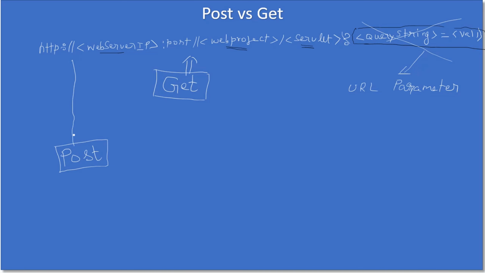The data will be submitted through post, and the data will be available as part of something called the request body. So you will not see your data as part of the URL parameters; it goes as a request body. Then the servlet here, whether it is post or get, can get this form data and process the request.